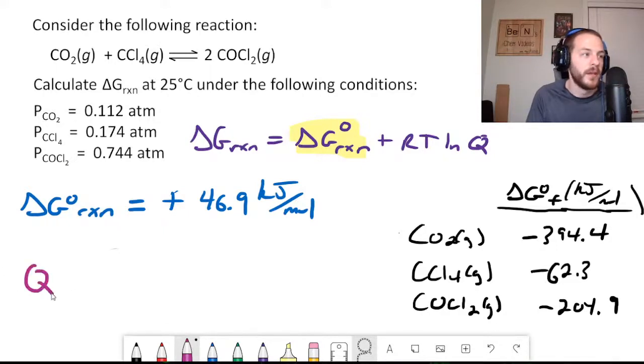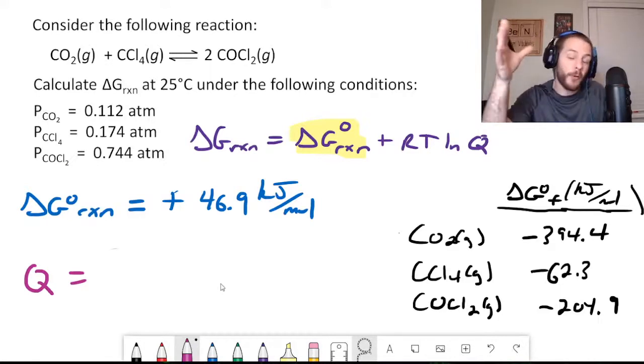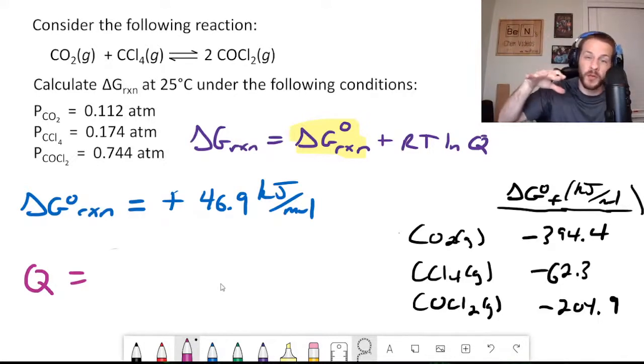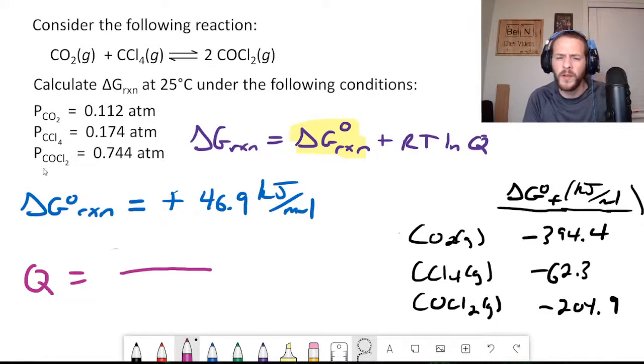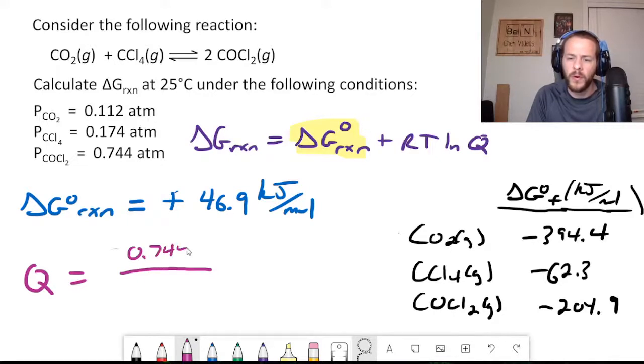Q is the partial pressures of the products raised to the power of their coefficients, divided by the partial pressures of the reactants raised to their coefficients. The partial pressure of phosgene is 0.744 atmospheres, squared because its coefficient is 2.